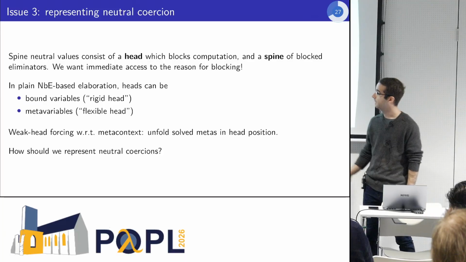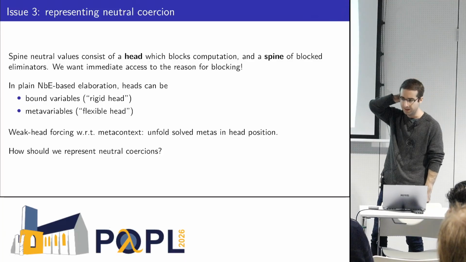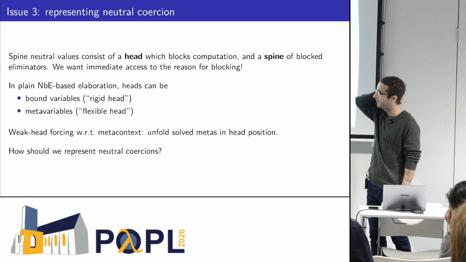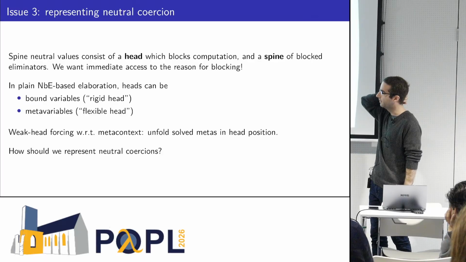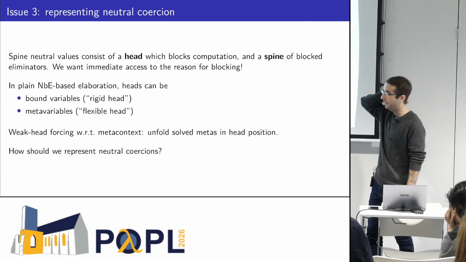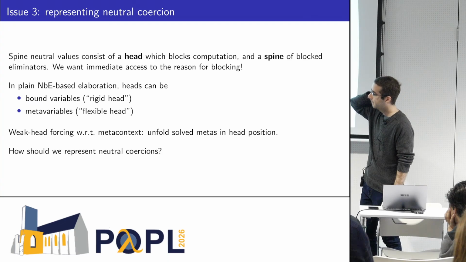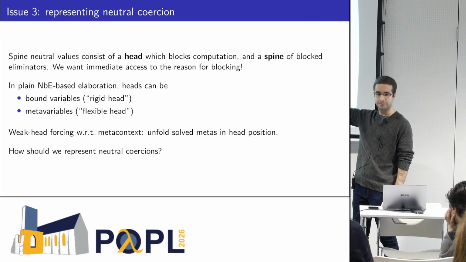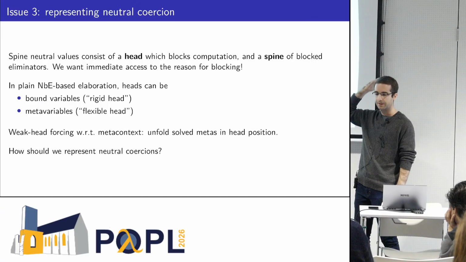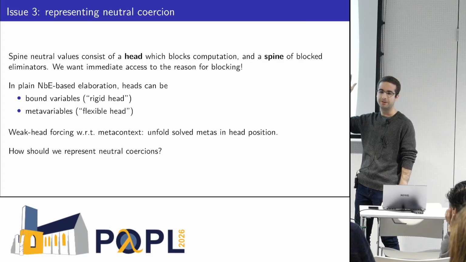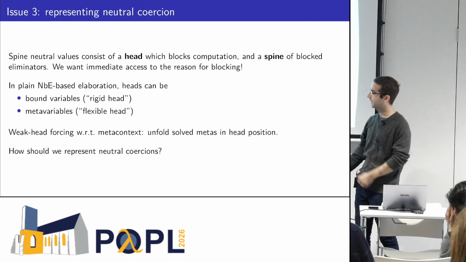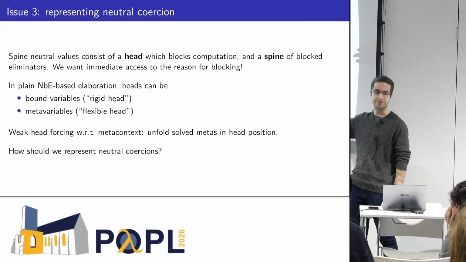In the usual NBE-based unification implementation, the head can be a bound variable or it can be a meta variable. And this is very nice because you can look at some neutral, and if you have some solved meta variable in the head, you can just unfold and compute, and you can repeat until you don't have any solved meta variable in the head. This is some kind of weak head forcing with respect to the meta context.